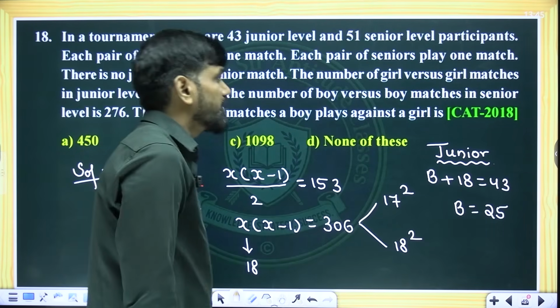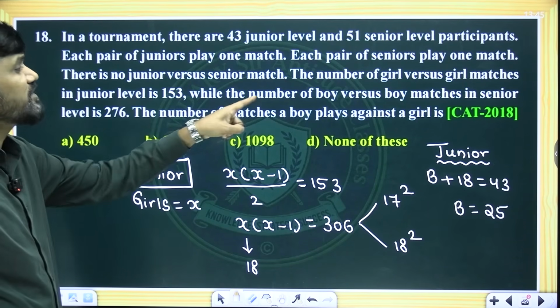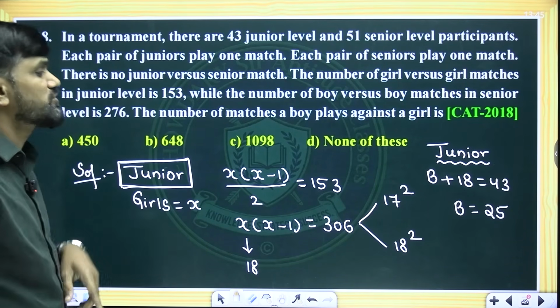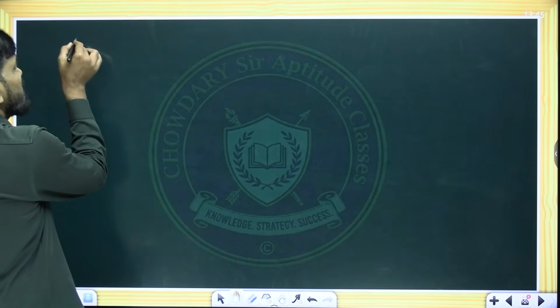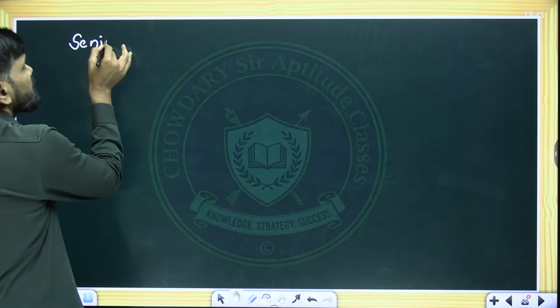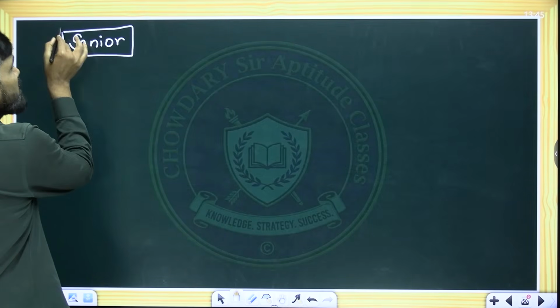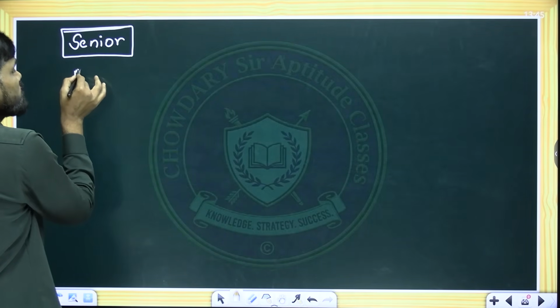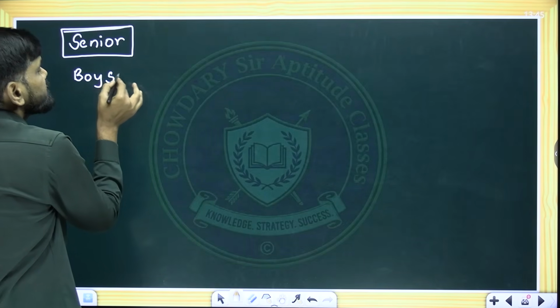Next, the number of boy versus boy matches at senior level is 276. Let's assume the number of boys is y.